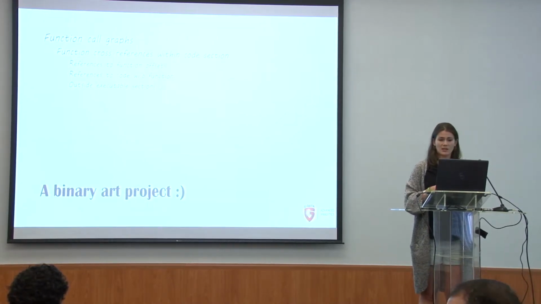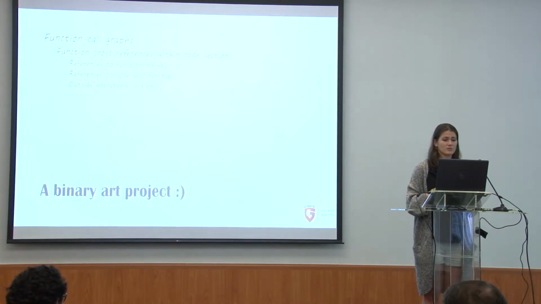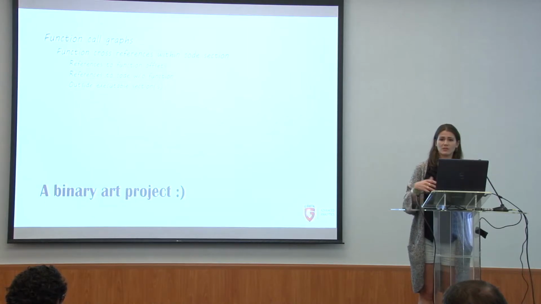Within the graphs, I identified 3 different kinds of calls, or 3 different kinds of cross-references, of course the references to other functions, which were the component of the graph. But there are also references to code that do not refer to a specific function. This is something that primarily happens with packed binaries. So when RedRE is not able to detect all the functions, it will show you calls that go somewhere in the code but do not refer to a function.